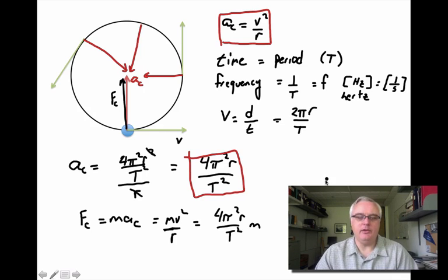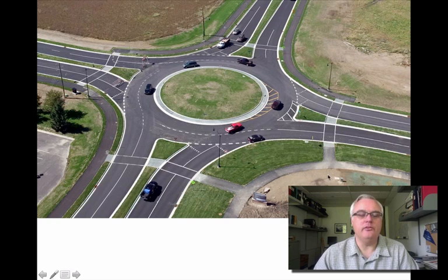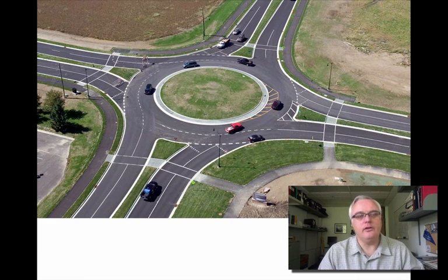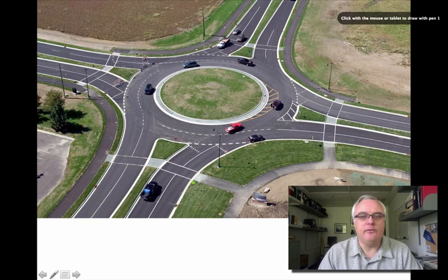We're going to talk in the next couple of videos about two different types of circular motion: horizontal circular motion and vertical circular motion. Horizontal circular motion is just like it sounds. Motion where the circle is horizontal, flat on the surface. A good example would be these cars traveling around a traffic circle. The force has to be towards the center of the circle. That's the centripetal force.